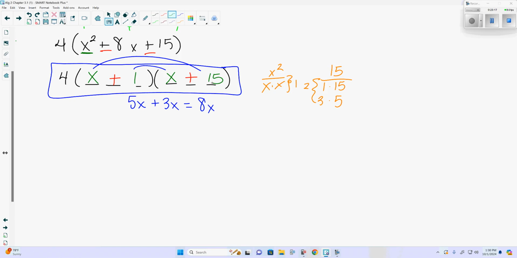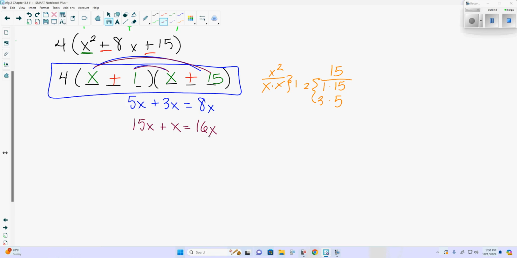Now, part of the reason I say I don't check the first or third set of terms is because x times x is still x squared, yes? 1 times 15 is still 15, those still match up because those are the factors of the first and third term. Now, if we check this again, x times 15 would be positive 15x. 1 times x is going to be plus x, telling us it is 16x.